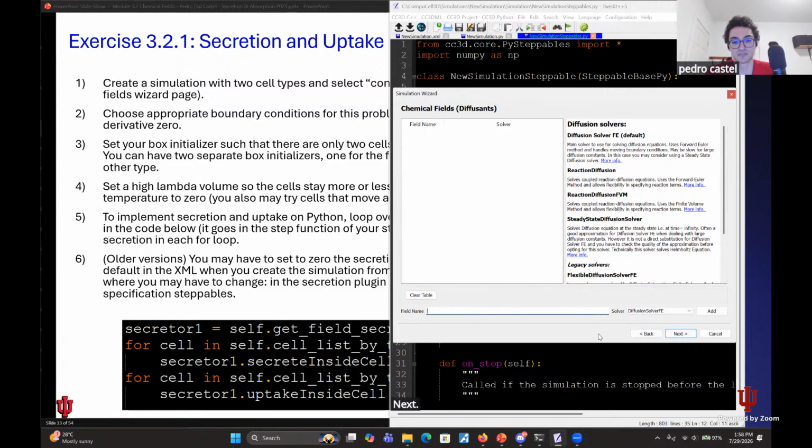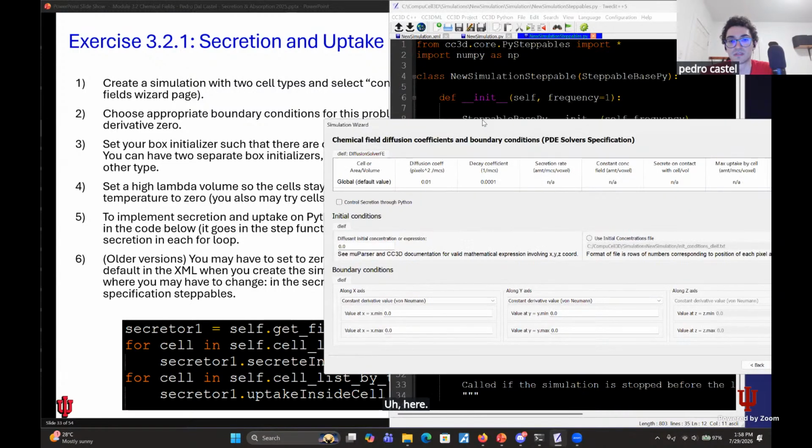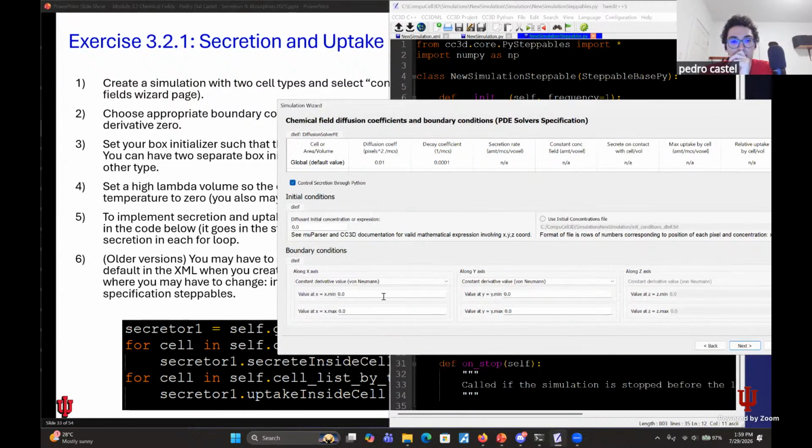Then I have a field. I'm going to call it field, like this. This is my field. Here I'm going to set control through Python. And I'm going to set the boundary conditions, that's fine, as constant derivative 0.